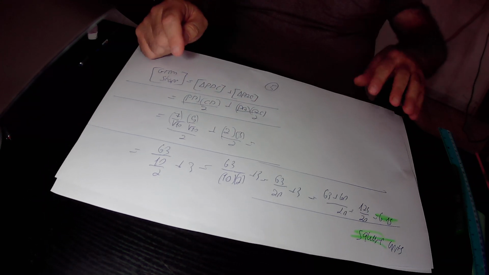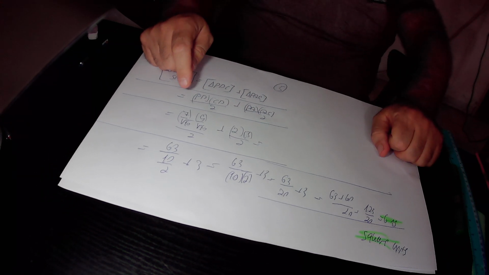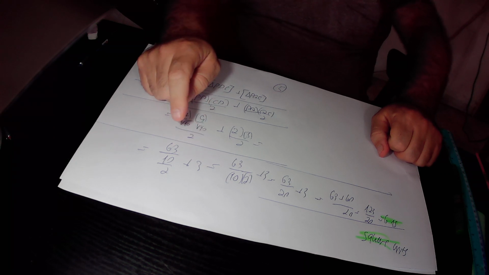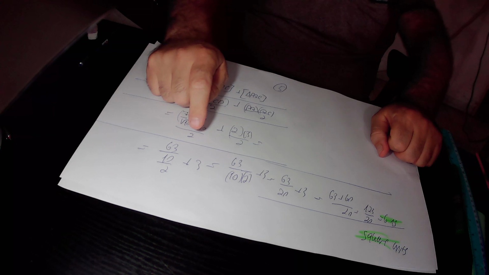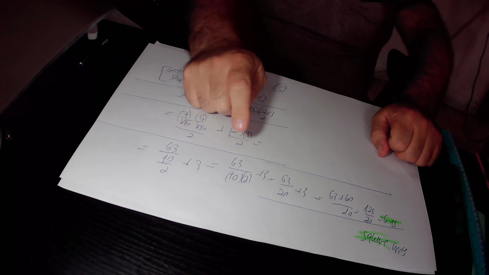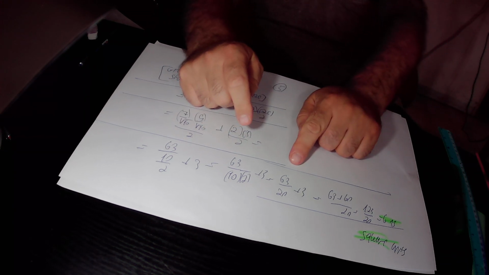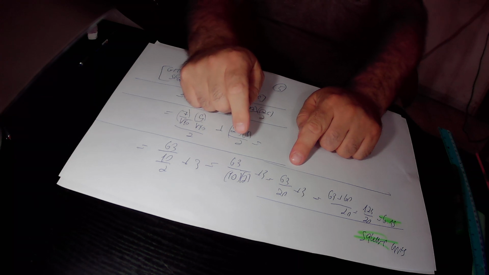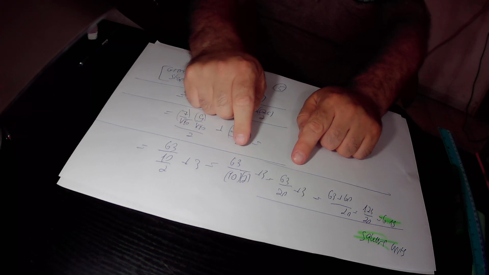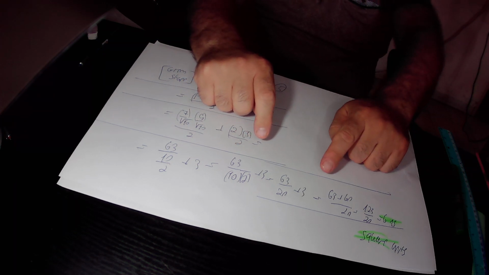So in total, the area of the ring shape equals 63 over 10 over 2 plus 3. 63 over 10 over 2 is 63 over 10 times 2, plus 3. 10 times 2 is 20, so this expression equals 63 over 20 plus 3.